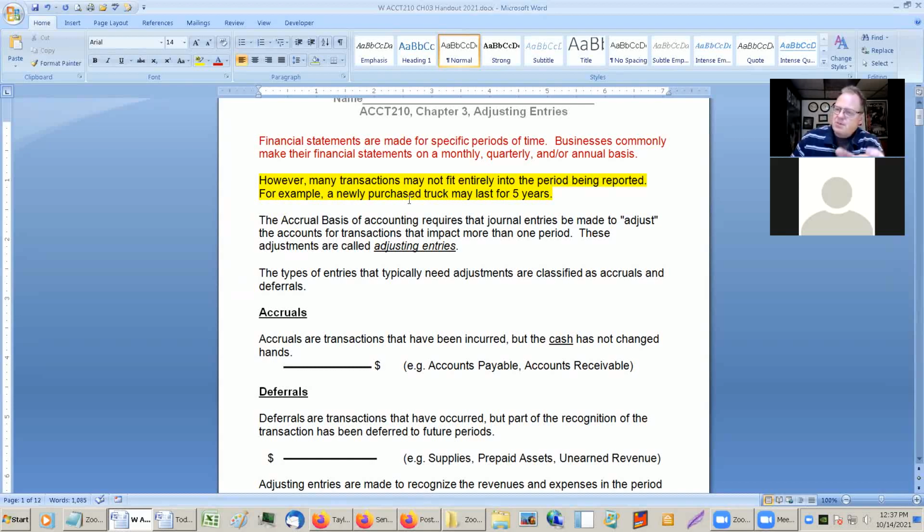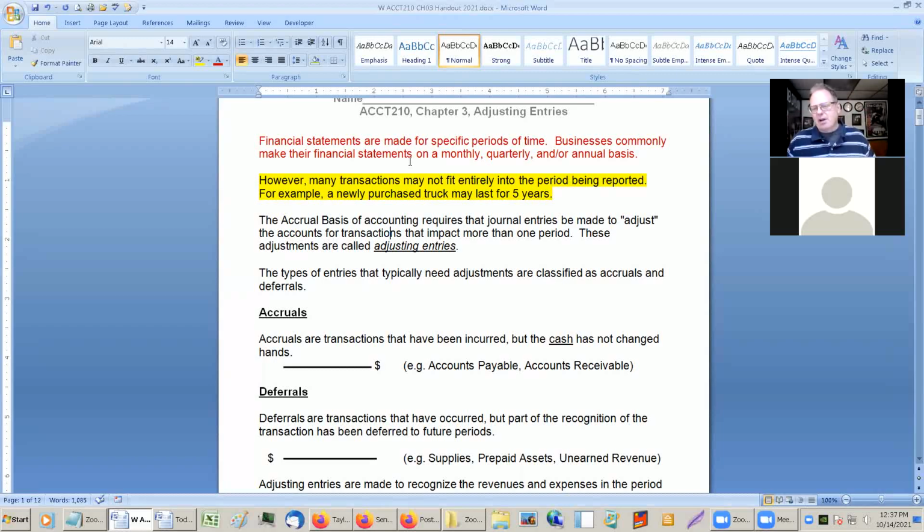And there are also things that span more than one period. For instance, if you make a sale in December and they don't pay you until January, that transaction has been spread from one period to the next. That's the problem we're having with these adjusting entries: these are things that don't fit comfortably into the period we made.